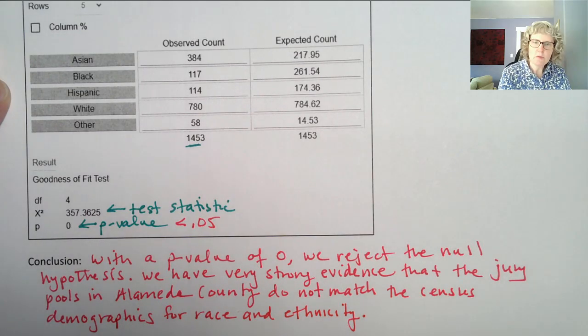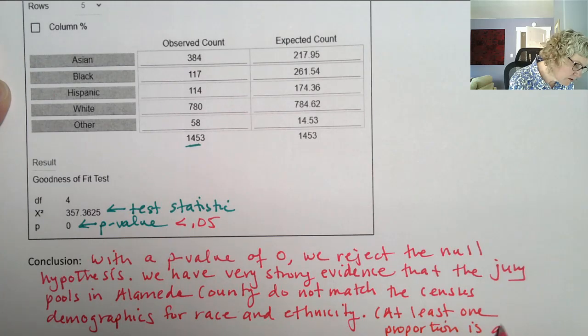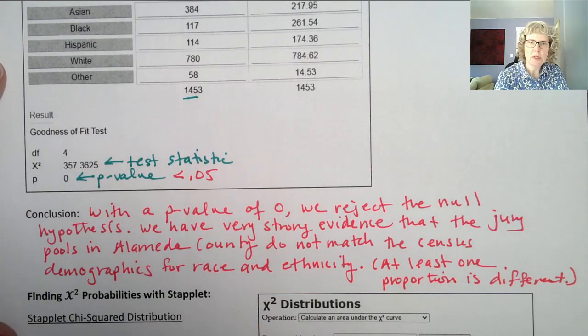Okay, and remember, another way to say that is at least one proportion is different. There are different ways to word it, but I do really want to make sure we get the context in there.